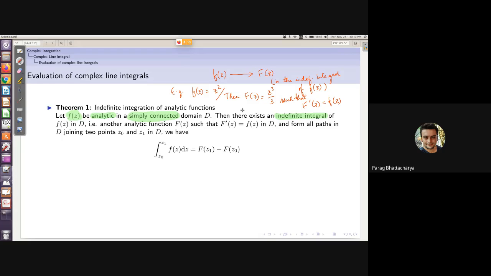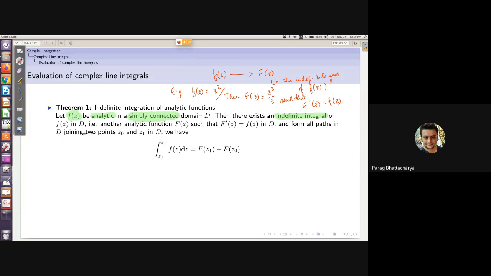The definition of an indefinite integral is that we are looking for a function which, when you differentiate, you get back the original function. The original function is z square. So you have to ask yourself, what is that other function which, when I differentiate, will give me z square? The other function happens to be z cube by 3. When you differentiate z cube by 3, you will get z square. Then z cube by 3 is the indefinite integral of z square, and this is also analytic.